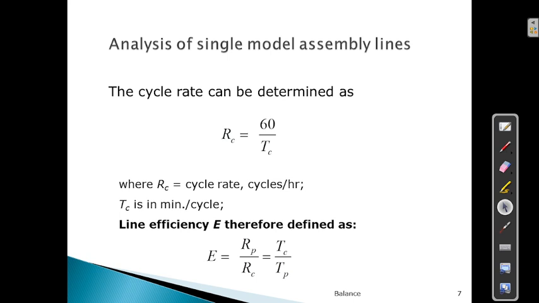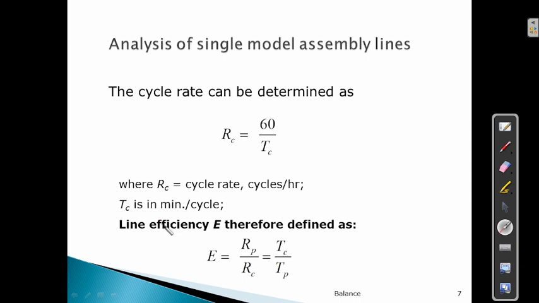Then we substitute the Tc value here and we get the Rc value. Rc equal to 60 divided by Tc, where Rc is the cycle rate with the units of cycles per hour, and Tc is in minutes per cycle.